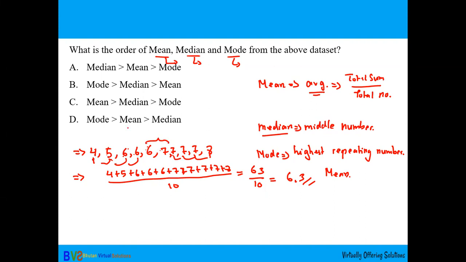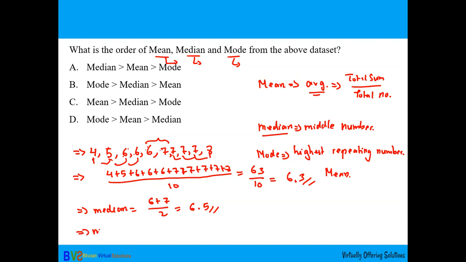To find it, you take 6 plus 7 divided by 2, because there are two middle numbers. So 6 plus 7 divided by 2, you get 6.5. You got the median as 6.5.